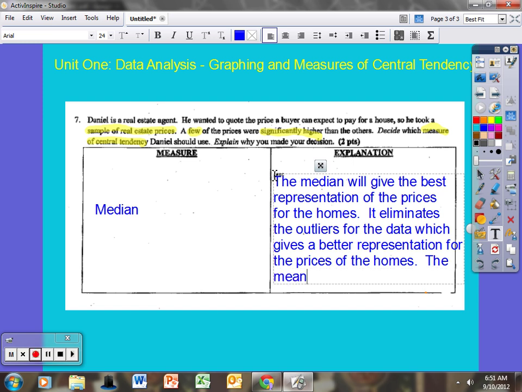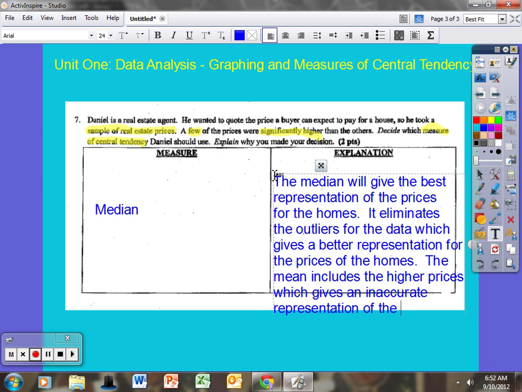The mean includes the higher prices, which gives an inaccurate representation of the prices for the homes. Okay.